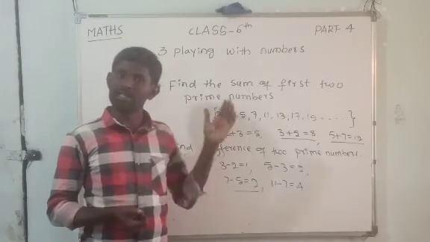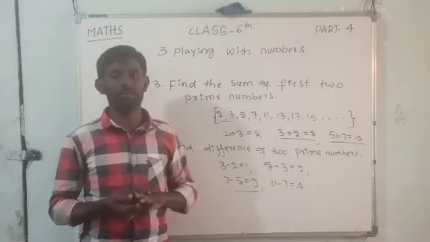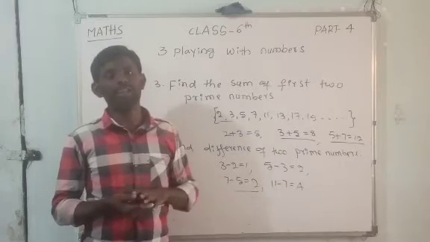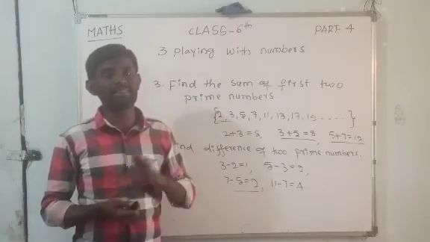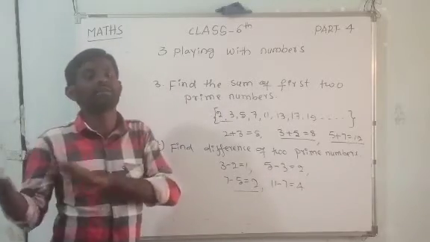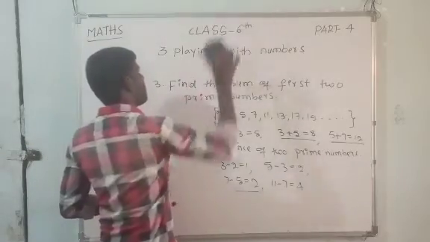The difference of any two prime numbers is not always either even or odd. Okay, a few more examples, dear children, I want to solve.